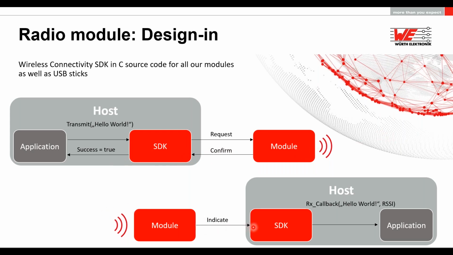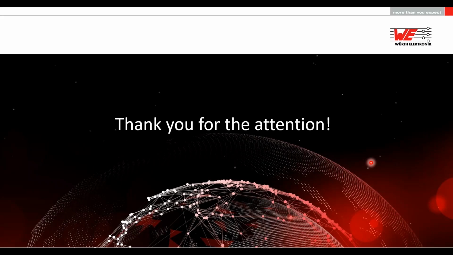On the receiver side, the data is of course received, and you get an indication in terms of a callback with the message that has been transmitted. So step 1, integrate hardware. Step 2, use the wireless connectivity SDK to get going. Step 3, well, there is no step 3. You're done basically.